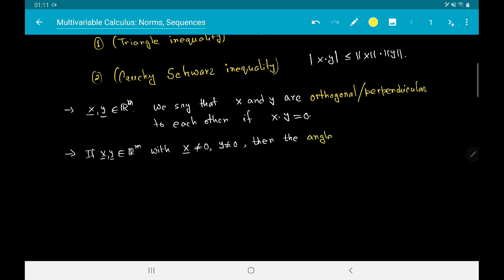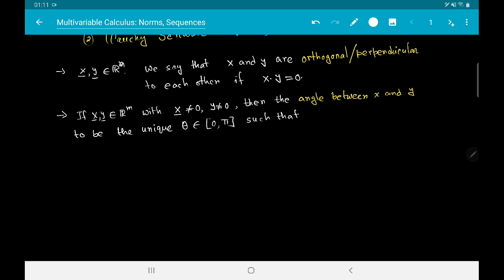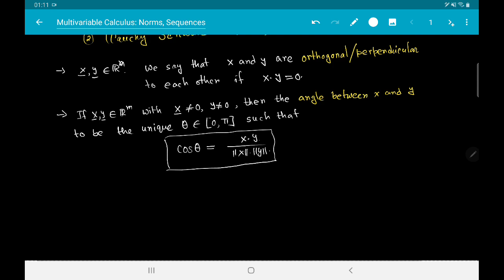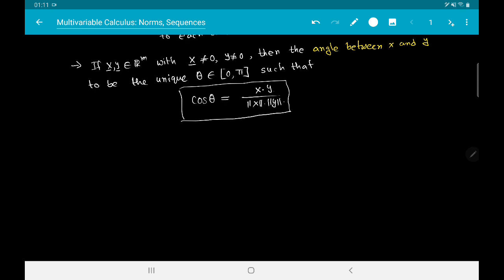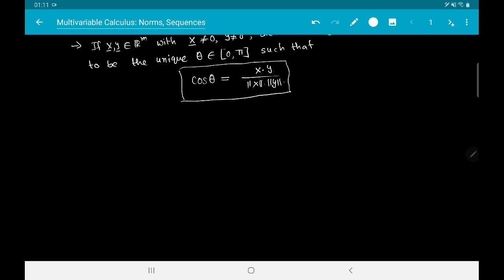The angle between x and y is defined to be the unique theta in 0 to pi such that cos theta is equal to x dot y divided by the norm of x times the norm of y. Please remember this formula as well. It might be very useful in your exercises and also in defining several notions later.